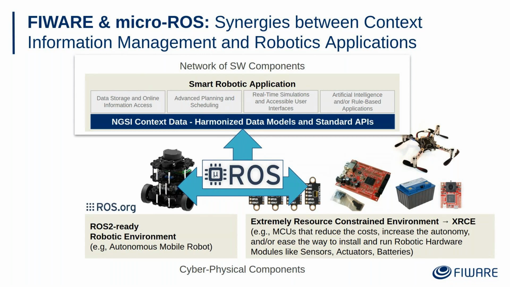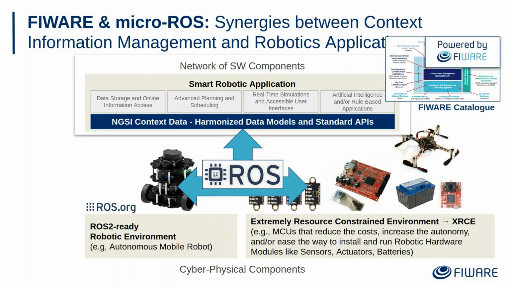We are not only providing you with specifications for these data models and the standard APIs, but also with technology. You can visit the FIWARE catalog and check all the components that are already available to be run, directly interpretable through the NGSI API.